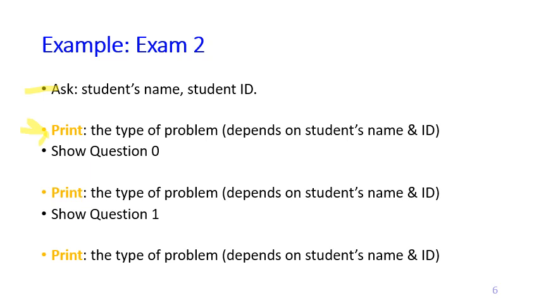In the first exam program, the information that is printed out is always the same: the course name, the exam duration, and the link to submit the answer. Now here the difference is that the information is the type of the problem that the student needs to do, and this type of problem depends on the input, which are the student's name and student ID number.